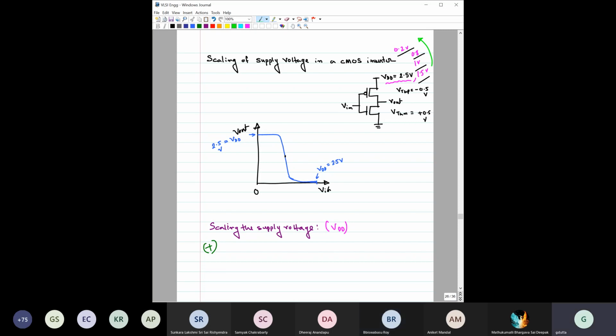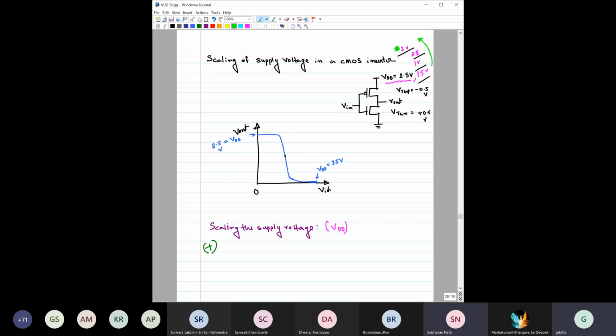If we reduce this, we can have a brick wall kind of response in this VTC, like region 3 will be exactly vertical, a kind of perfect switching. And sir, below 0.5 volt, basically Vout is floating, so we don't know what voltage it would take. Okay.